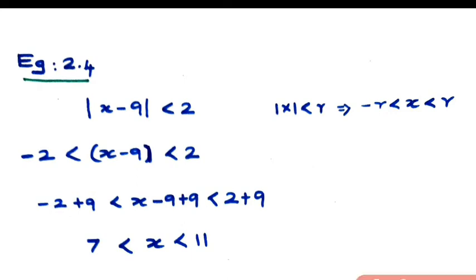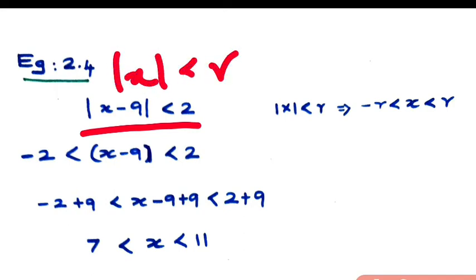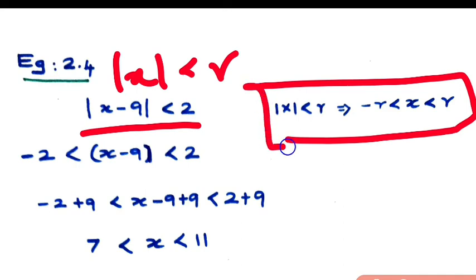I repeat, given that modulus of x minus 9 is less than 2, this is considered as modulus of x less than r, which means minus r is less than x less than r.